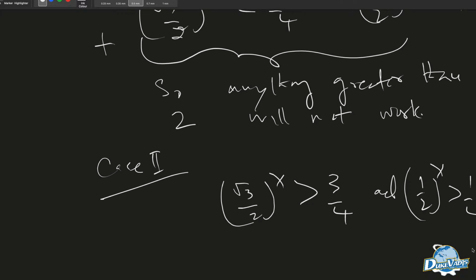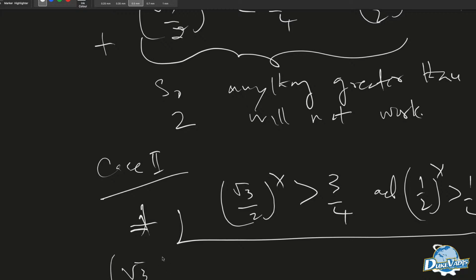When we sum this together, we are going to get root 3 over 2 exponent x plus half exponent x greater than 1.